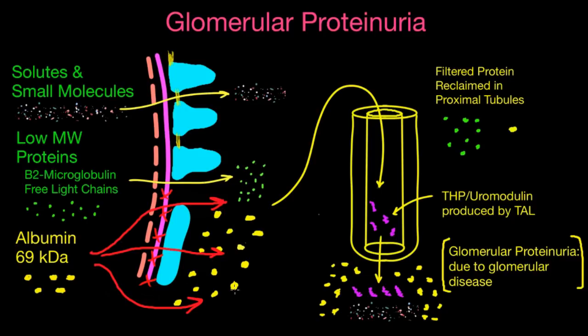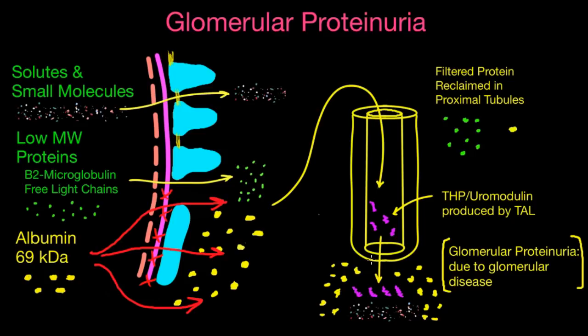And so albumin will end up in the tubular lumens. Not all of it can be reclaimed by proximal tubules because the tubules aren't used to that much albumin, and then it gets spilled into the urine. Remember that there is some protein that is lost in the urine, like uromodulin, which is produced by the thick ascending limb.